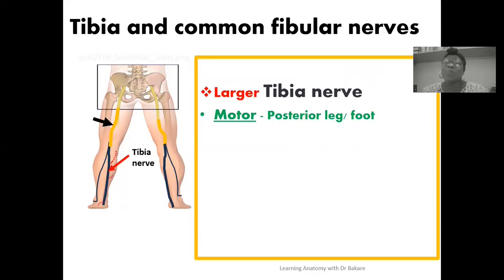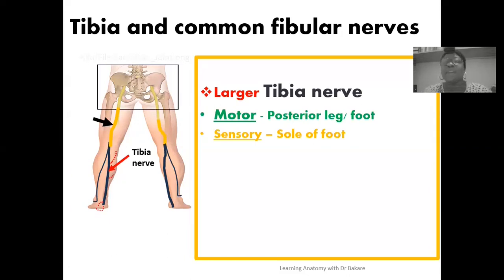So you see it going down, giving muscular branches to the posterior region of the leg and also giving muscular branches to some intrinsic muscles of the foot. It is also seen to give sensory innervations. So these sensory innervations are basically given to the sole of the foot. And this is what is highlighted here in dotted red. So you see it's giving both motor and also sensory innervations.